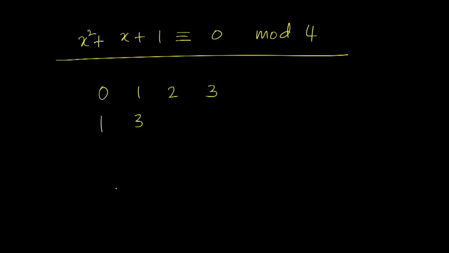From 2 you have 4 plus 2, 6 plus 1, 7, 7 mod 4 is 3. And then from 3 you find 9 plus 3, 12 plus 1, 13, which is 1 mod 4. So, we find that none of them will provide a solution. So, this quadratic congruence is without a solution. So, it is possible for congruences to have no solution.